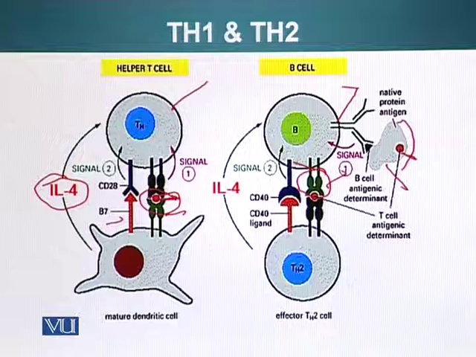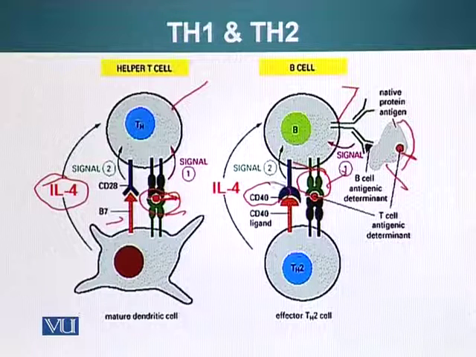The B cell, after it has engulfed that pathogen, Salmonella, will become a mature B cell. By becoming a mature B cell, I'm implying that it will start making another surface protein called CD40. CD40 happens to have a counterpart on the surface of helper T cells.